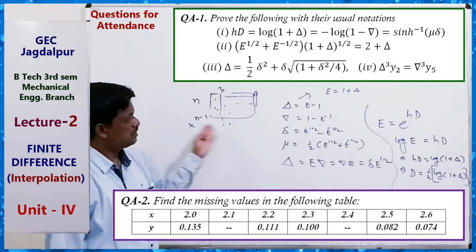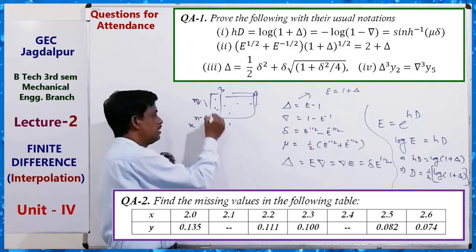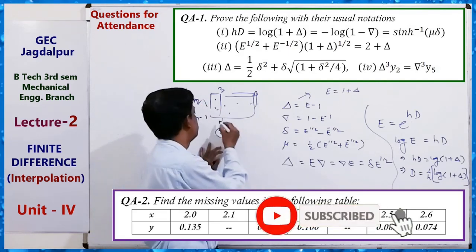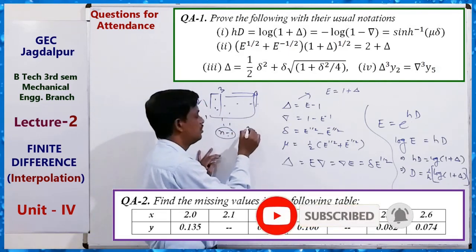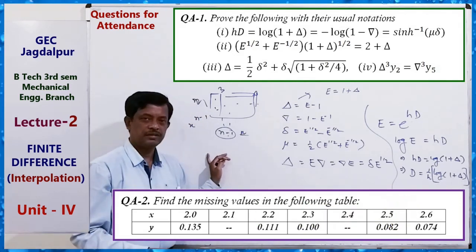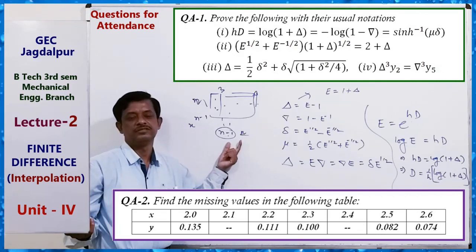Clear? So by using these operators and this technique, if n entries are given, then an n minus 1 degree polynomial can be approximated, so the nth difference will be 0.